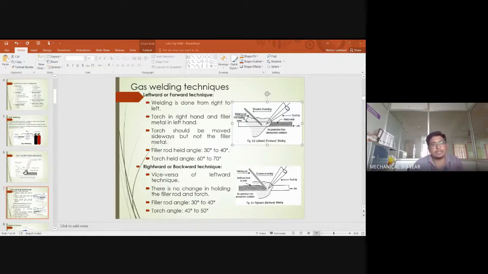Okay, so let us see the other point. The flux not only acts as a protector, but it also serves as a deoxidizer or scavenger. A deoxidizer or scavenger is nothing but a poor reactor to your oxidation reaction. It completely eradicates the oxidation reaction in this particular welding method. Some of the flux melts and forms slag over the weld, and the unused flux is sucked back with the help of your vacuum system.